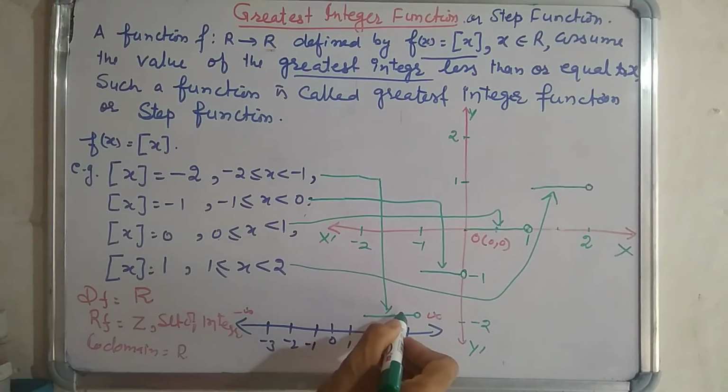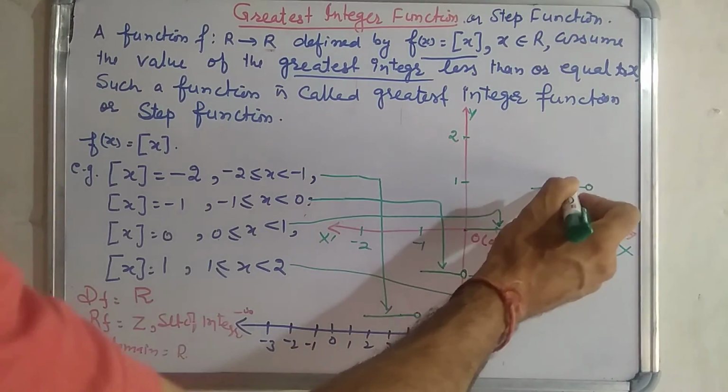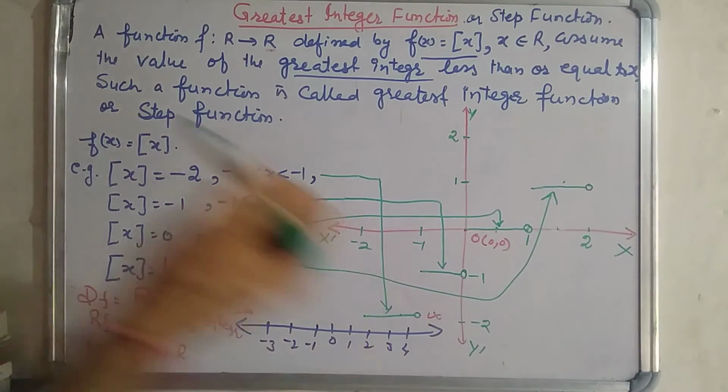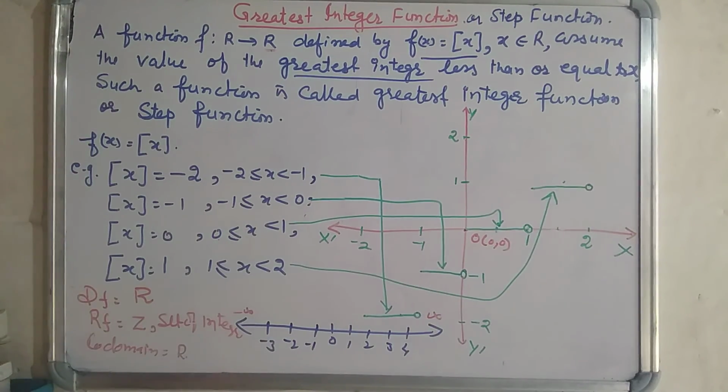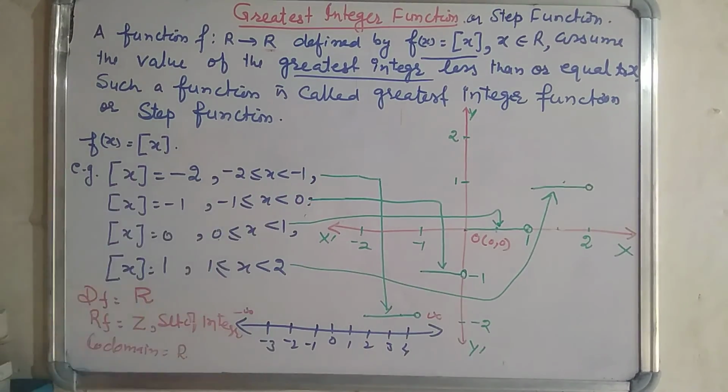So we see steps going on to 3, 4 and so on. That's why this function is known as a step function. For these intervals you can see these steps. So this is the greatest integer function.